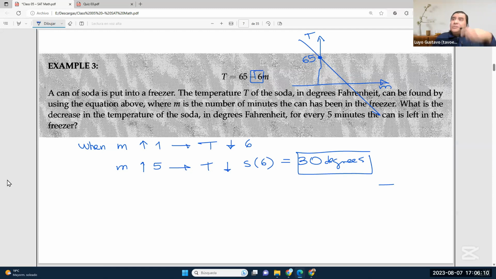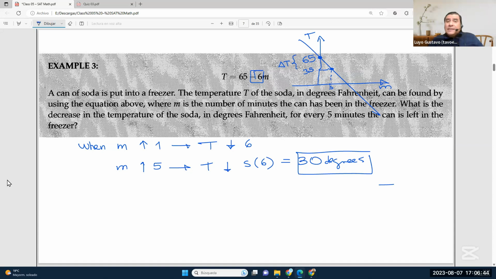Of course, if you take 65 and take away 30, you will get, let's imagine that when 5 minutes have passed, what is the value of this? It would be actually 35 degrees. Okay, that's the understanding of this question. But the decrease in temperature is this. The delta of temperature, or how much the temperature would be decreasing.